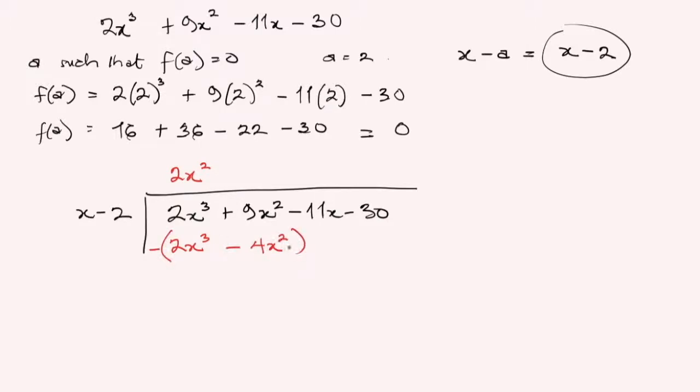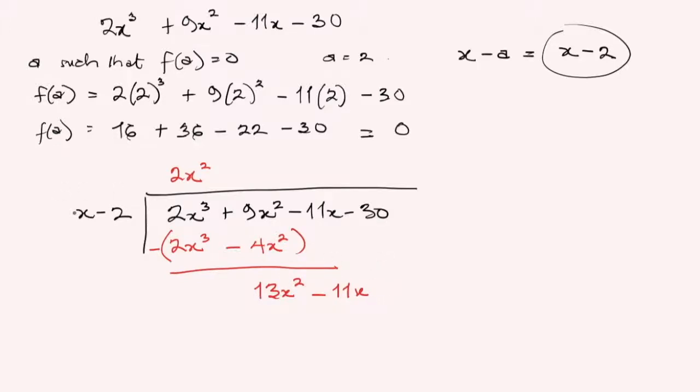So if we subtract everything in this bracket, we have that 2x cubed minus 2x cubed cancels out, and then minus times minus becomes plus. So this is 9x squared plus 4x squared, and that's equal to 13x squared. So we'll bring down the next term here, which is 11x.